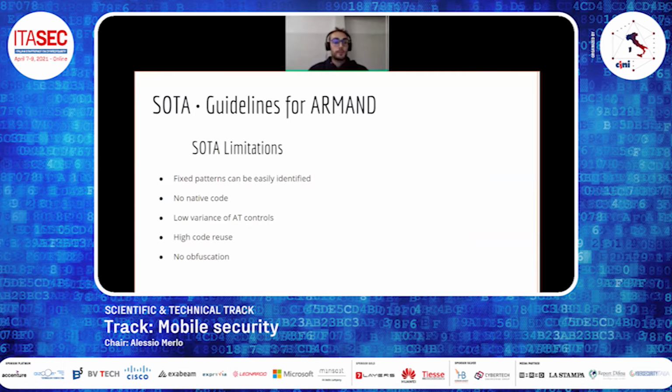In our work, we investigated the state-of-the-art anti-repackaging techniques, and we identified some limitations. In particular, a lot of them rely on a fixed pattern that can be easily identified by an attacker, and do not rely on native code.